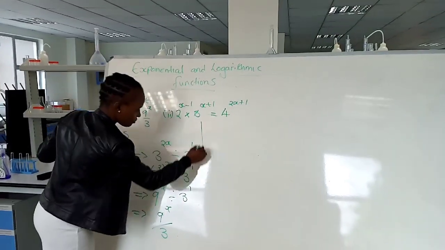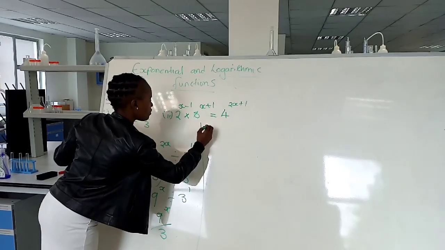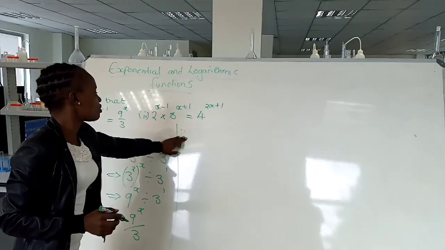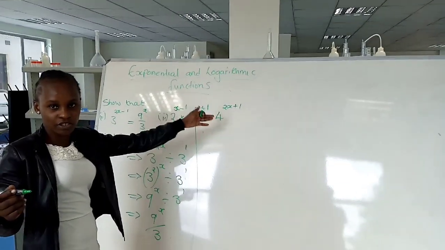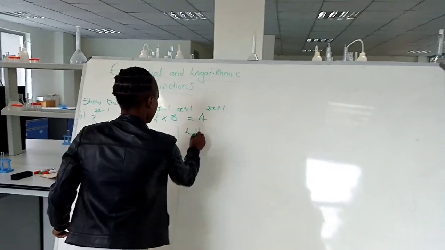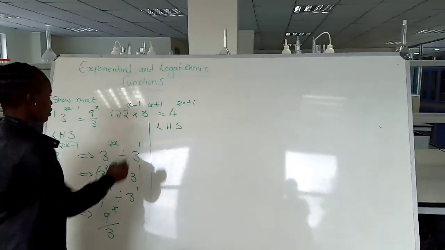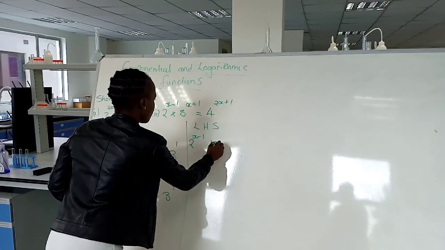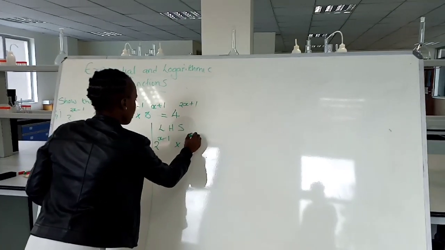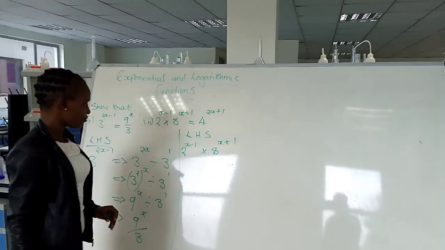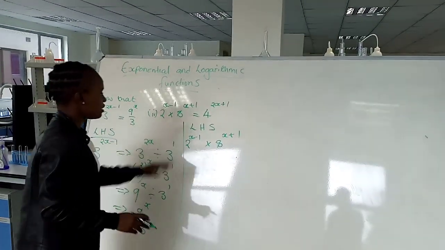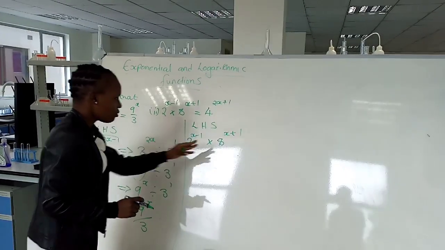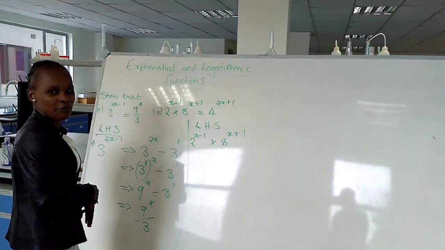The second question. We're also going to consider the left hand side to make it the right hand side. So here we have 2 to the power x minus 1 multiplied by 8 to the power x plus 1. This is what we have, and we want to get what we have on the other side. We can still write this in some way.